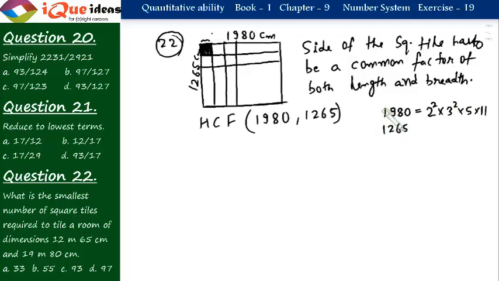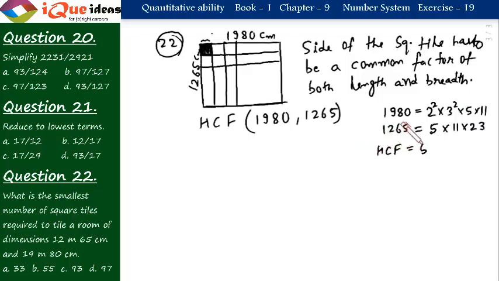Similarly, 1265, if I divide it by 5, gives us 253. So 5 into 253, and 253 is 23 into 11, so it is 5 into 11 into 23.